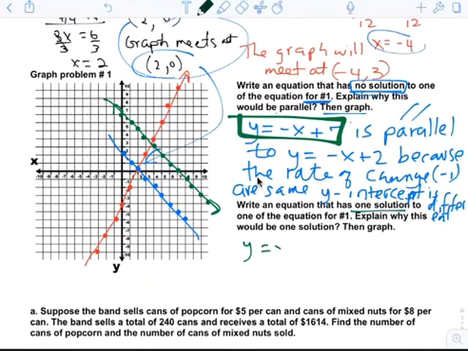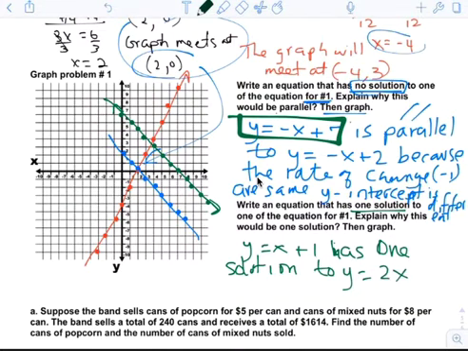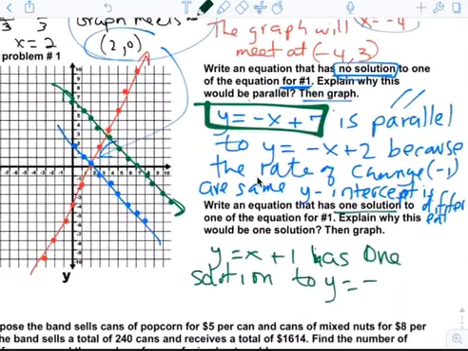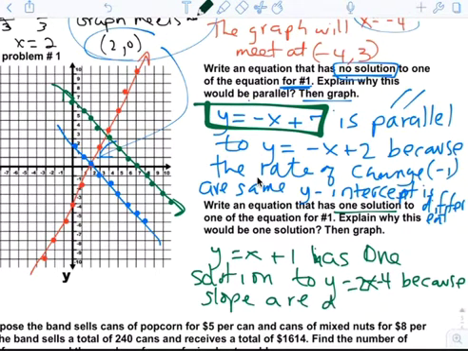Y equals x plus 1 has one solution to y equals 2x minus 4 because the rate of change is different, because the slopes are different.